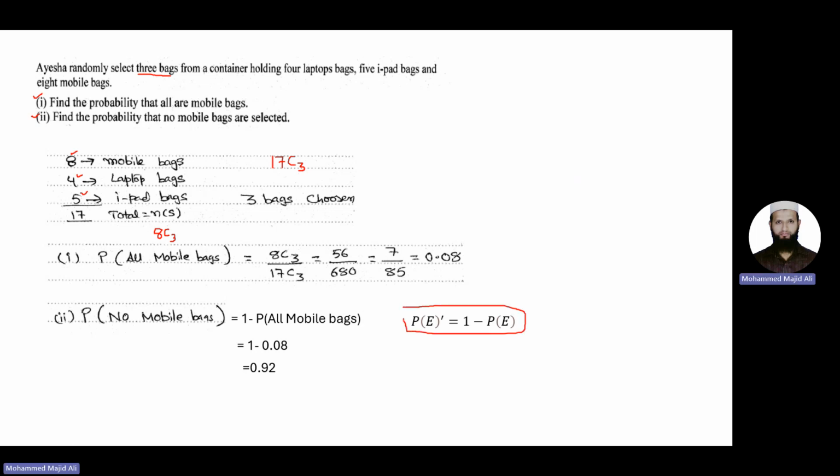P of E complement equals 1 minus P of E. That means the probability of no mobile bags equals 1 minus the probability of all mobile bags. What is the probability of all mobile bags? 0.08. Substitute here. So 1 minus 0.08 equals 0.92, which gives you the probability that no mobile bags are selected.